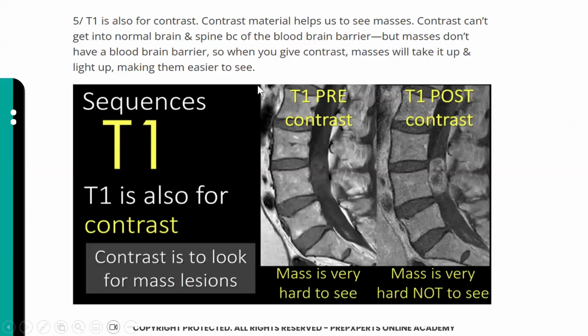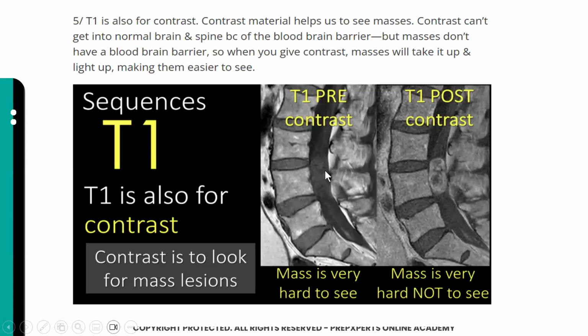So why? Contrast material helps us to see masses. We know that contrast cannot get into normal brain and spine because of the blood-brain barrier. But masses do not have a blood-brain barrier. So when you give contrast, masses will take it up and light up, making them easier to see. So contrast will highlight and make the masses bright.